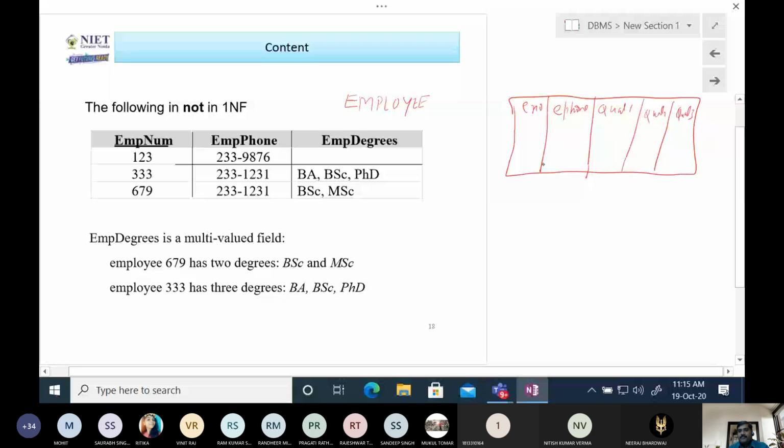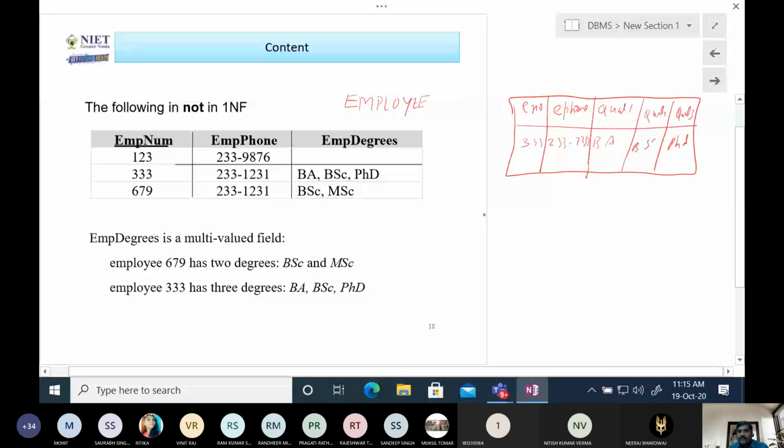Suppose the maximum degrees is 5, then we create 5 columns, and in this way we can store 333, then contact number, and here BA, then BSc, then PhD.